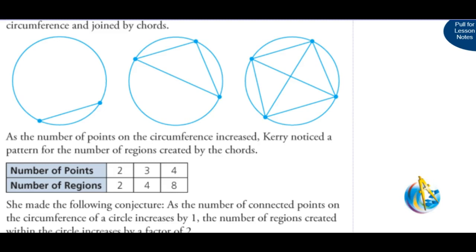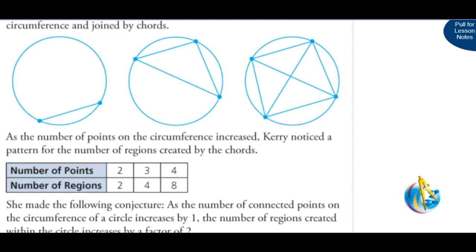Okay, so then we got 1, 2, 3, 4, 5, 6, 7, 8, 9, 10. Am I missing something? Oh yeah, here we go. We gotta go here too, right? Okay, so we got 1, 2, 3, 4, 5, 6, 7, 8, 9, 10, 11, 12, 13, 14, 15, 16. Okay, so it worked, right?